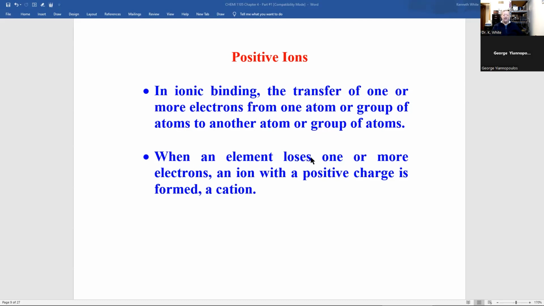Now, when an element loses one or more electrons, an ion with a positive charge is formed, and that's called a cation. An ion is an atom with a charge, and when it loses one or more electrons, the charge is positive.